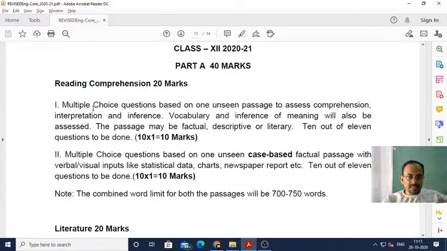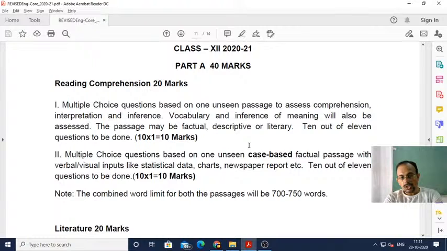The passage will be factual or descriptive or literary. It could be a literary passage, it could be a story, it could be a factual story, like what is happening around the world at the moment. It can be descriptive also, describing something on a particular topic.